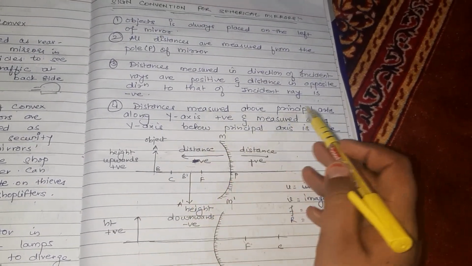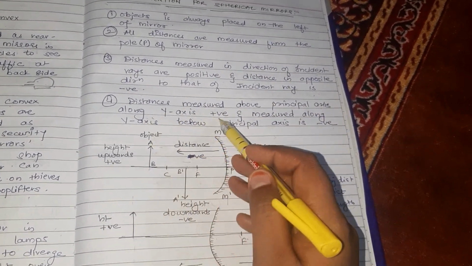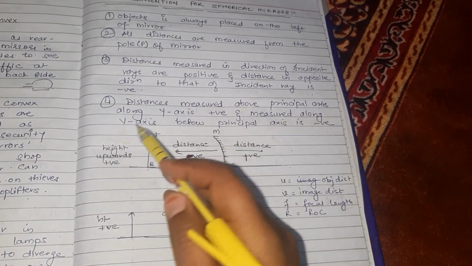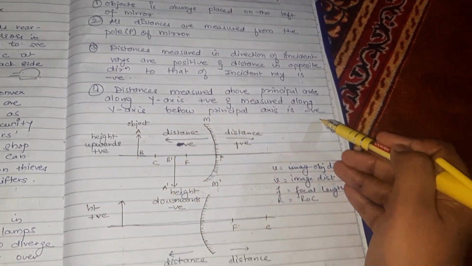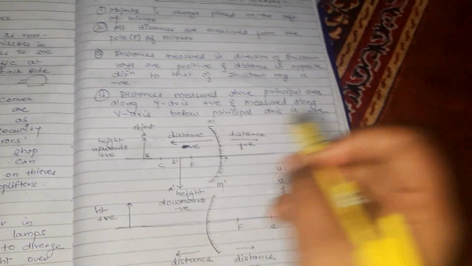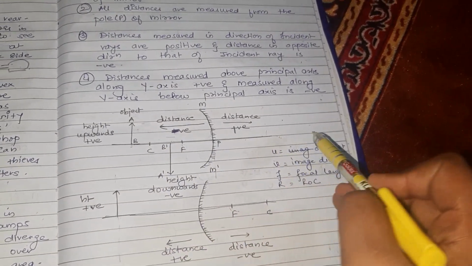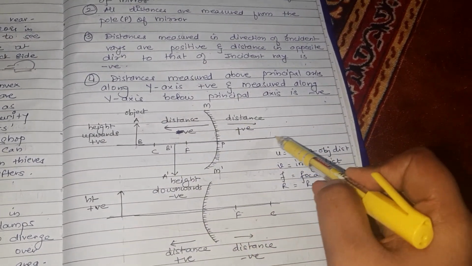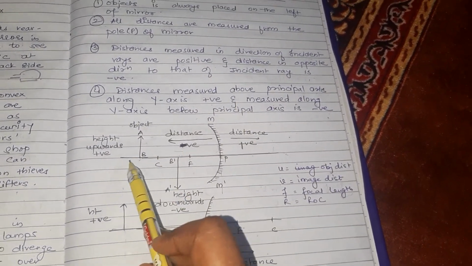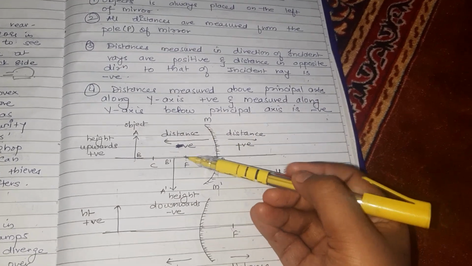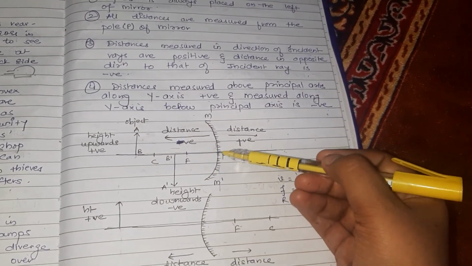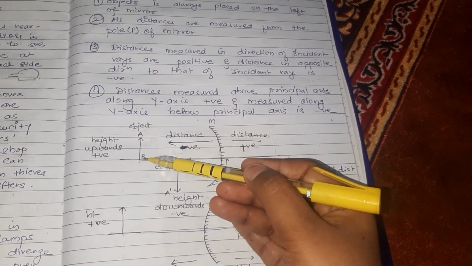Now, distance measured above the principal axis along the y-axis is positive, and distance measured along the y-axis below the principal axis is taken as negative. What do you mean by principal axis? This central line is known as the principal axis. If you take a graph, you will consider it as the x-axis. So any distance which is above the principal axis is always positive.